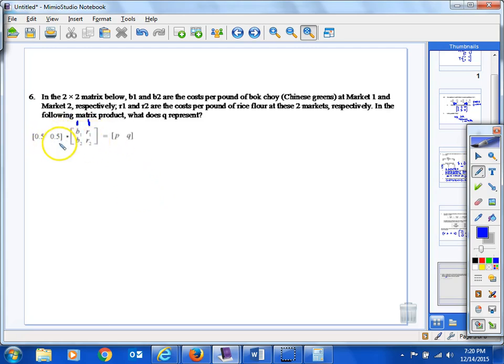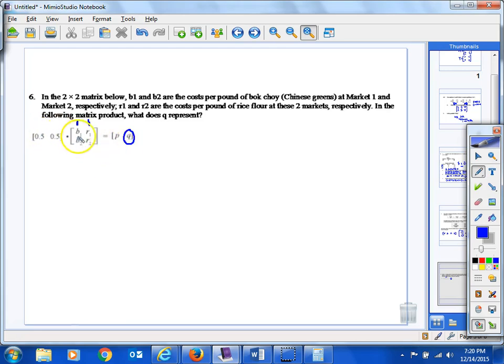And the matrix to the left is just the amount of pounds that are being purchased at each. It's a half a pound of each type. So the question really is, what does Q in this product represent?